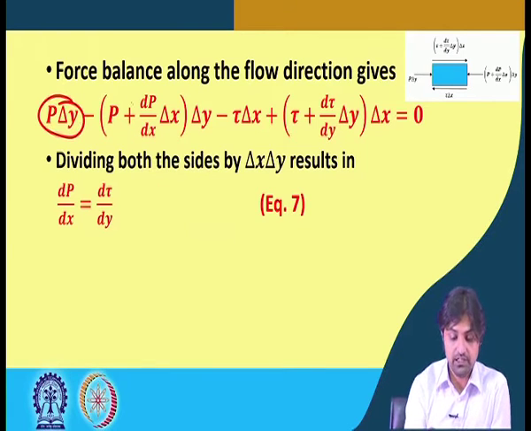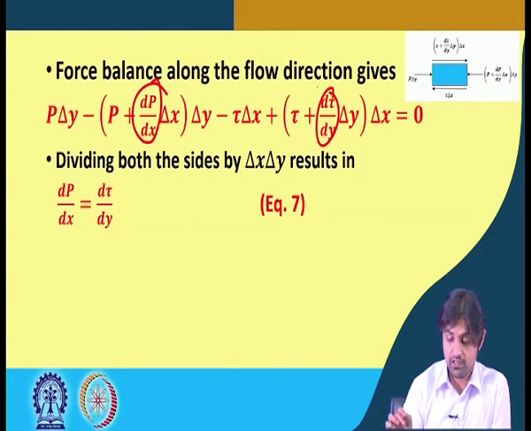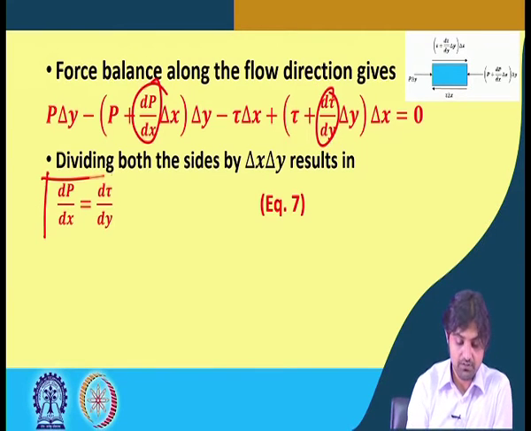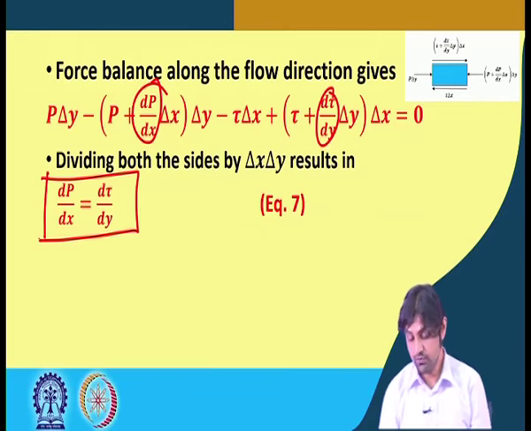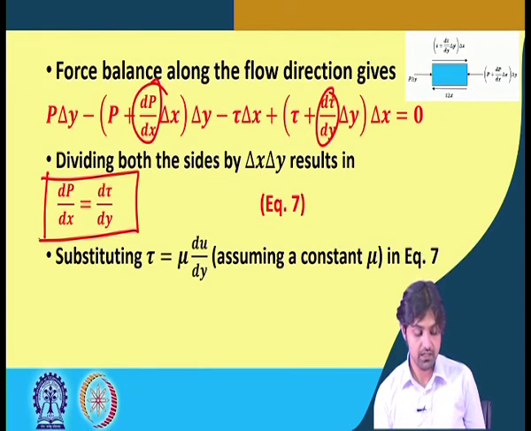So this will get cancelled here. If you do these cancellations, what we are left with is dP/dx here and d tau/dy, the rest of the things will get cancelled. So this is one important equation that we get: dP/dx is equal to d tau/dy.